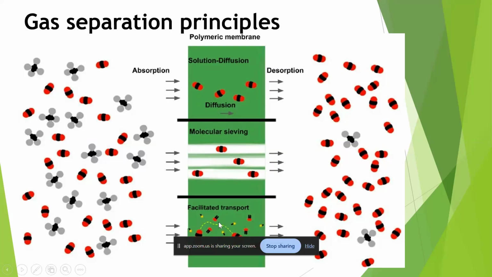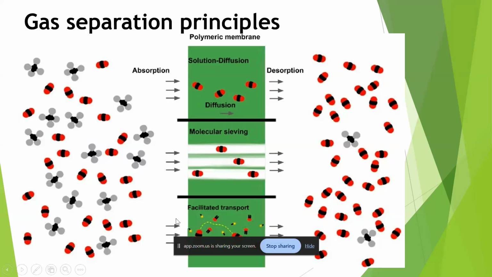Facilitated transport means we are making use of certain particular materials which are having higher affinity to different gas molecules. For example, CO2 being a highly reactive gas. A reactive gas in the sense we all know that we all are using soda in some forms for drinking, and for other applications we are using soda or cola.